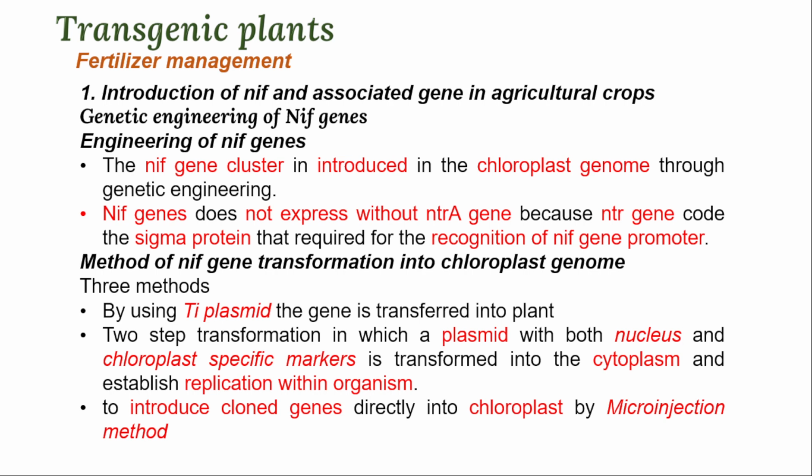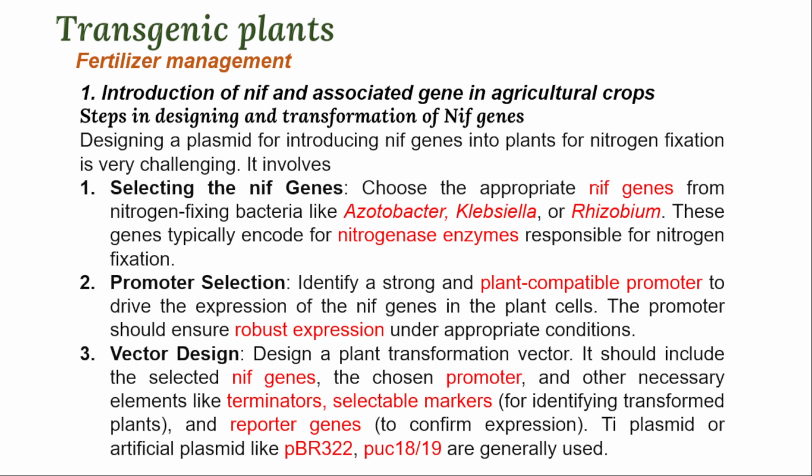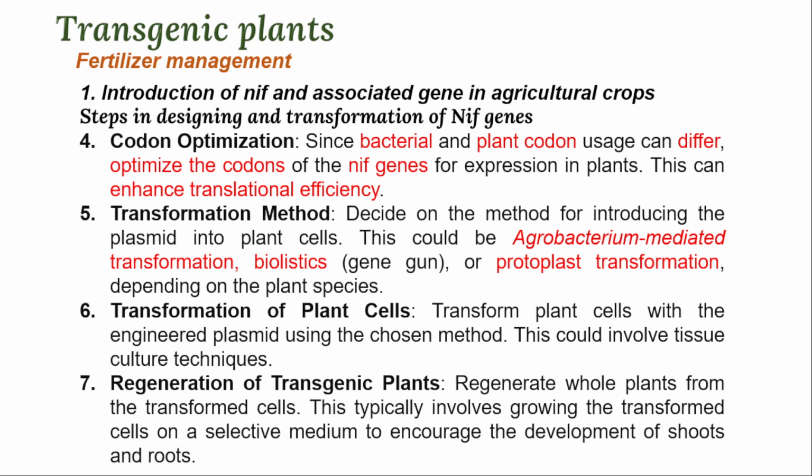We can introduce them directly into the chloroplast instead of the nuclear genome. Why? Because the chloroplast genome contains unnecessary regions. We can remove those and integrate directly by the gene gun method or by efficient Agrobacterium gene transfer, right? And then later on, we need to focus on vector designing and codon optimization.